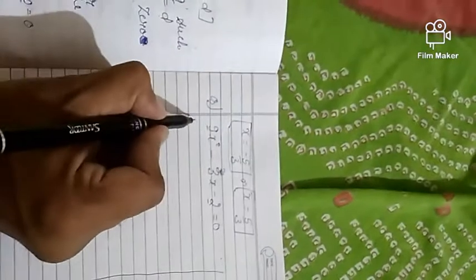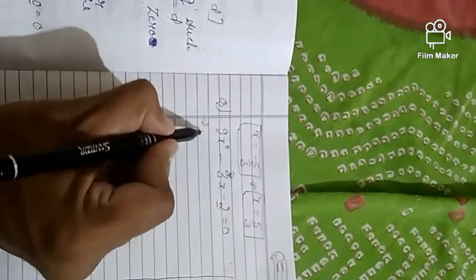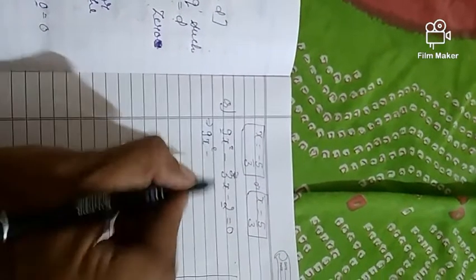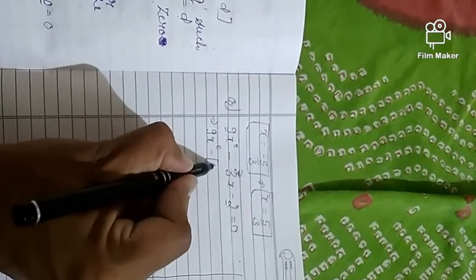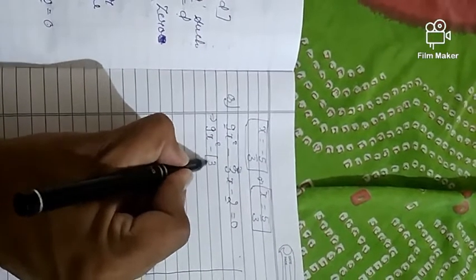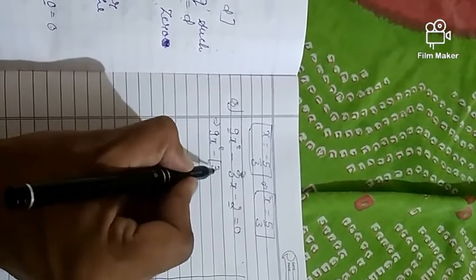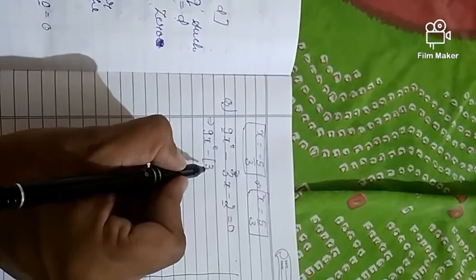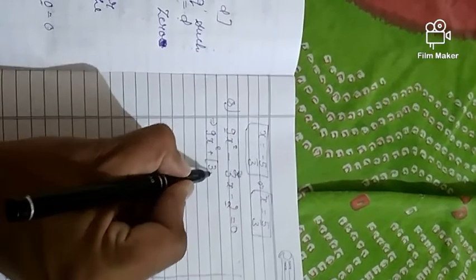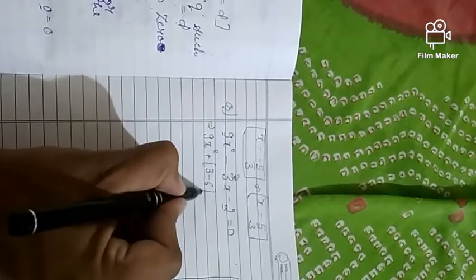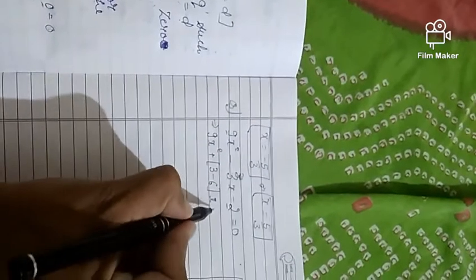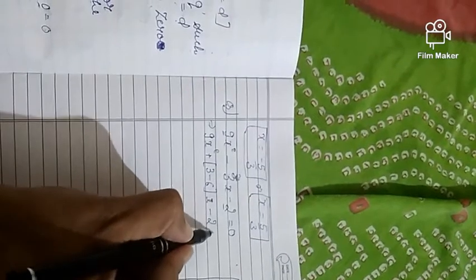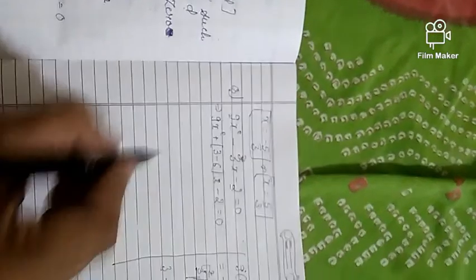So just carry on, 9x square. Instead of 3x, what I will write is 3x minus 6x, minus of 2 is equal to 0.